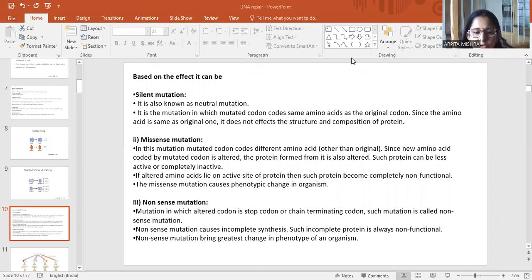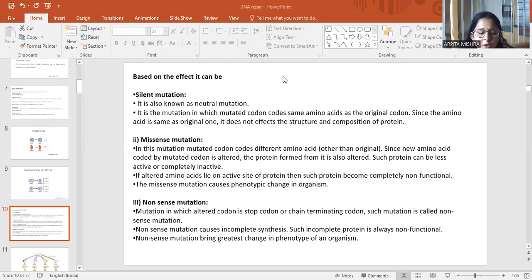The missense mutation: here the mutated codon codes for a different amino acid other than the original. Since the amino acid coded by the mutated codon is changed, the protein is also changed. Such a protein can be less active or completely inactive.